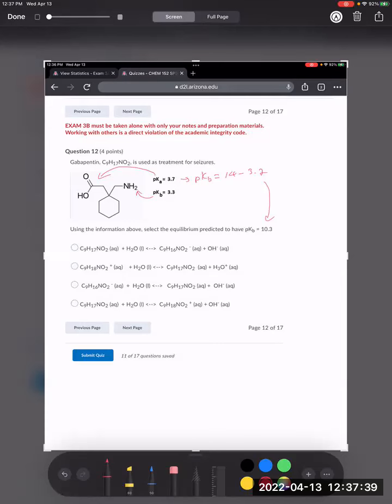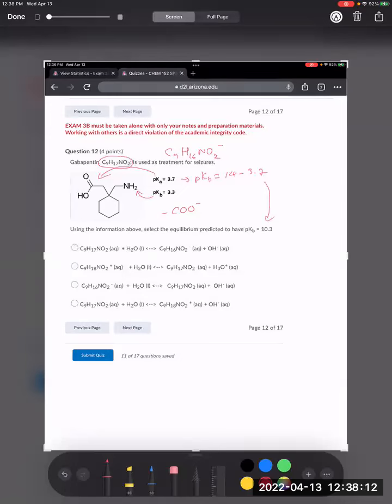The conjugate base of the carboxylic acid must be the COO minus group. That should have almost the same formula as this molecule, but minus one hydrogen atom, so C9H16NO2, and also there should be a minus charge. So we need to start with that species, C9H16NO2 minus.